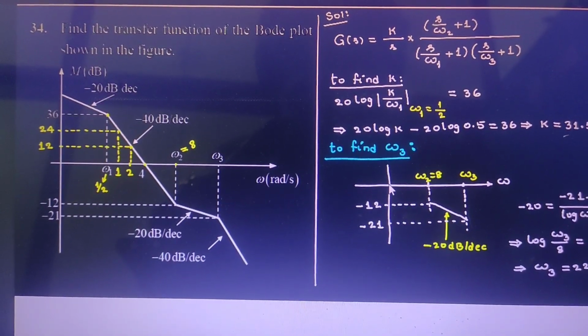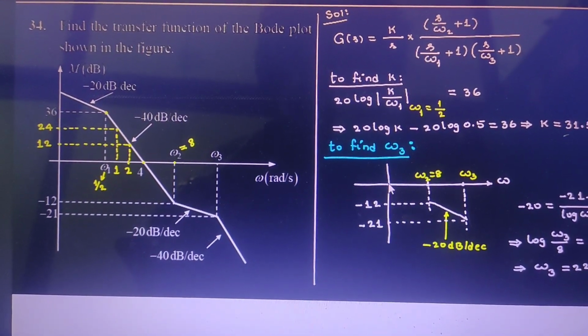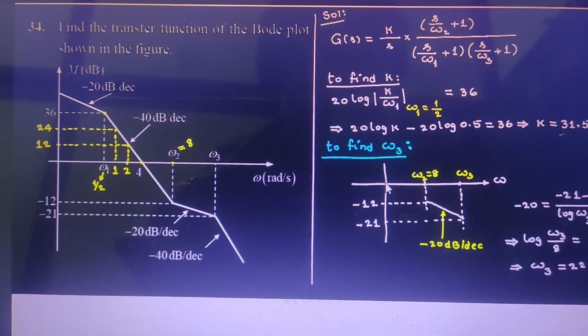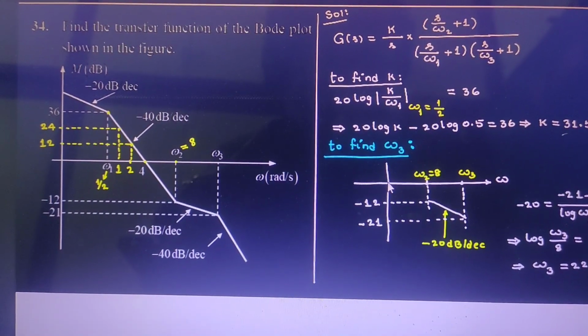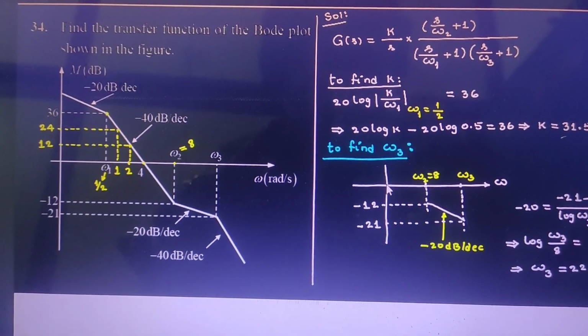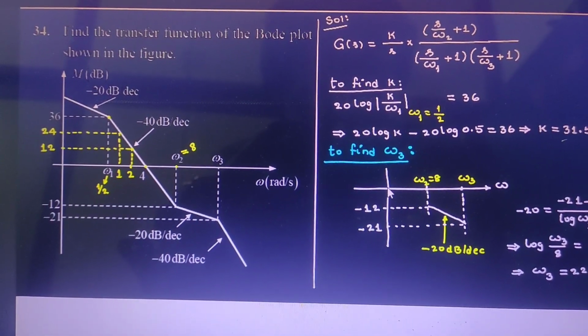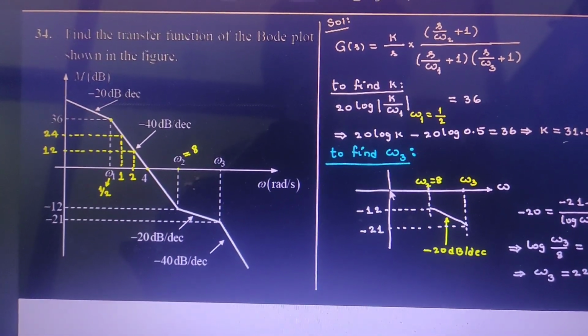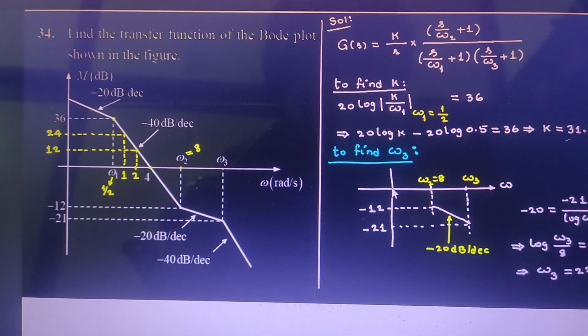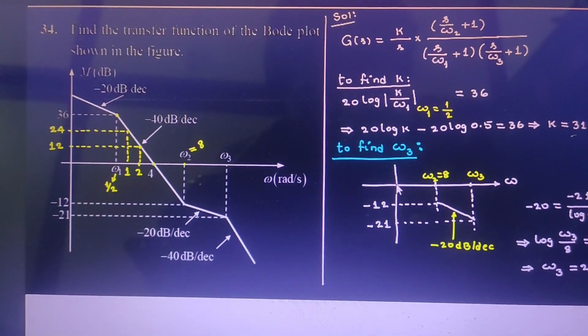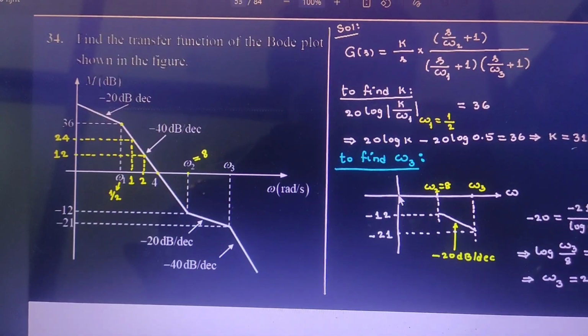So if you subtract 12 from 24, you will get 12 dB, and on the x-axis you multiply with 2. So 1 into 2, you will get 2. At omega equal to 2 radians per second, you will get 12 dB.